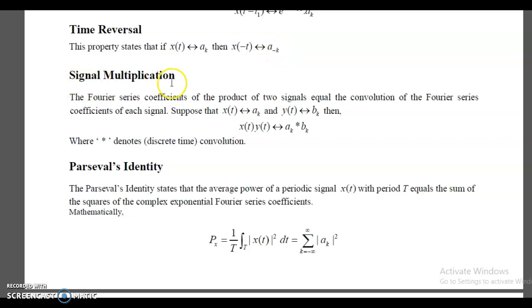Similarly, signal multiplication simply tells that you have the signal x of t that maps to the coefficients a k, and you have the signal y of t that maps to the coefficients b k, and if you multiply the two signals in the time domain, the coefficients get convolved in the Fourier domain.